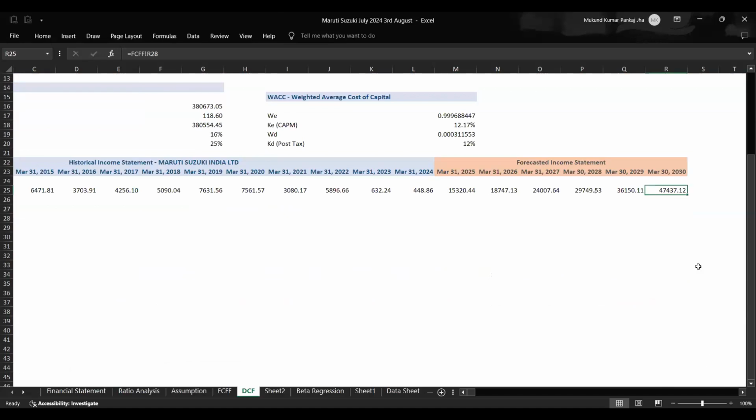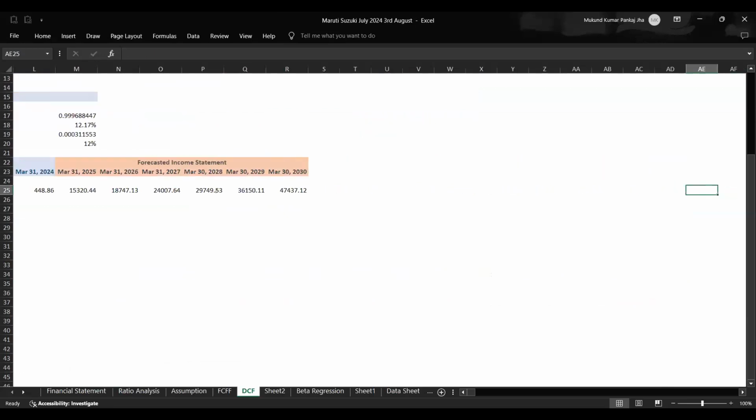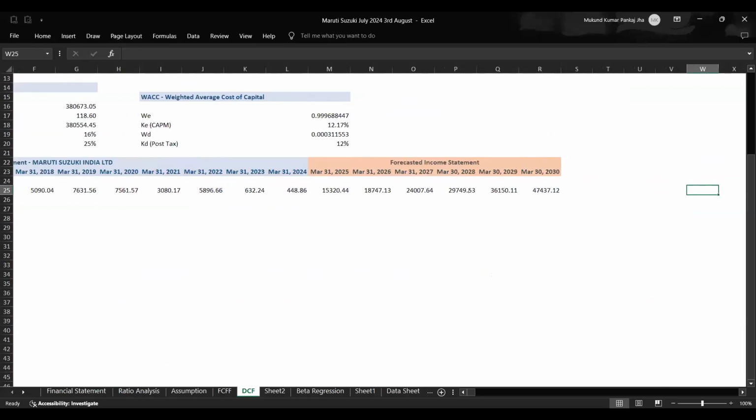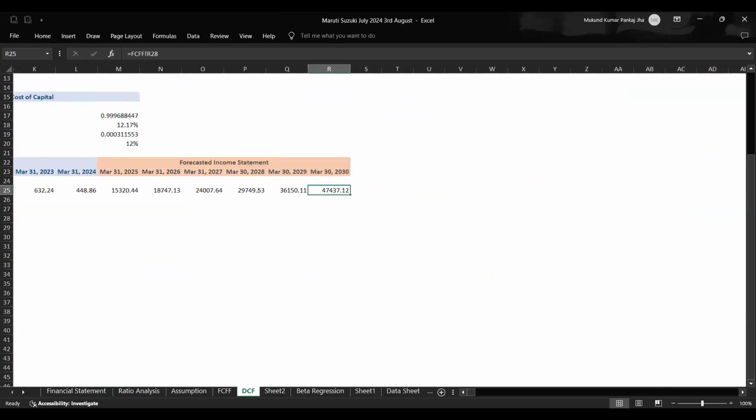Now, for the next 6 years, we have calculated the value of FCFF to be 47,437.12.